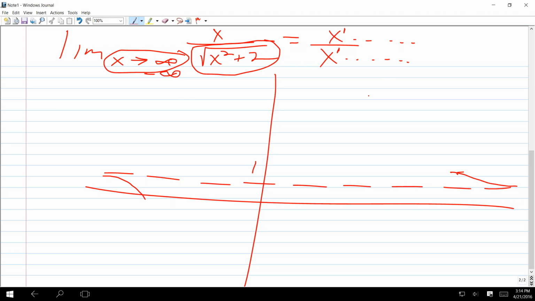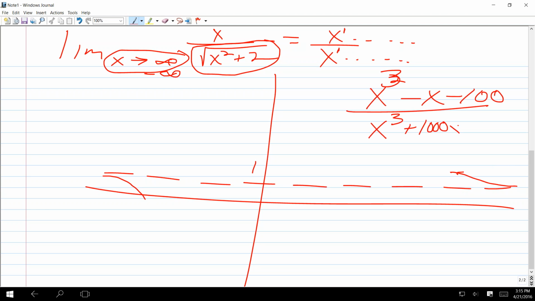In other words, if I gave you something like x cubed minus x minus 100, all divided by x cubed plus 1000x minus 1,000,000, none of these matter. The only thing that matters is the ratio of those coefficients, which would be 1 over 1.